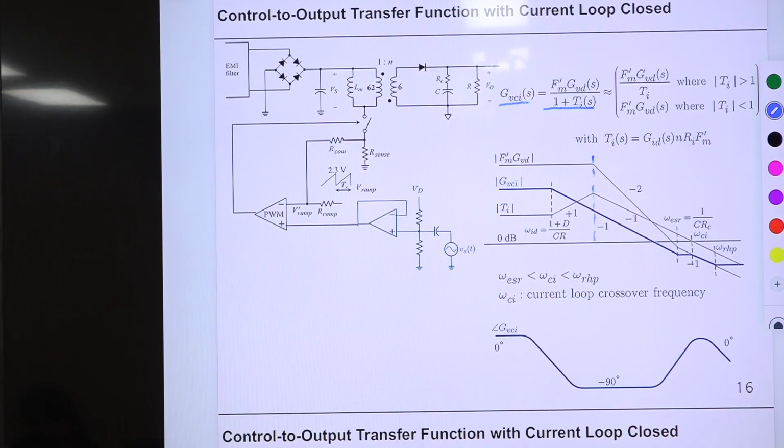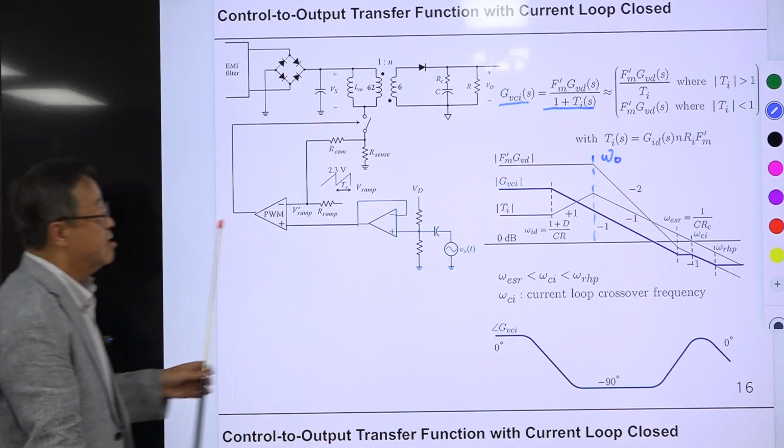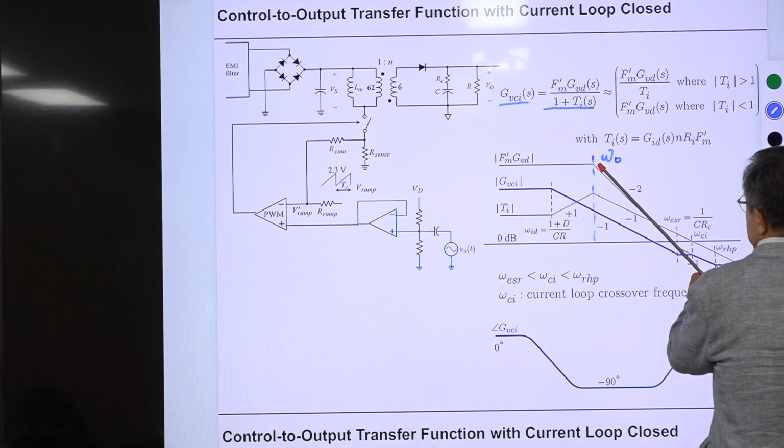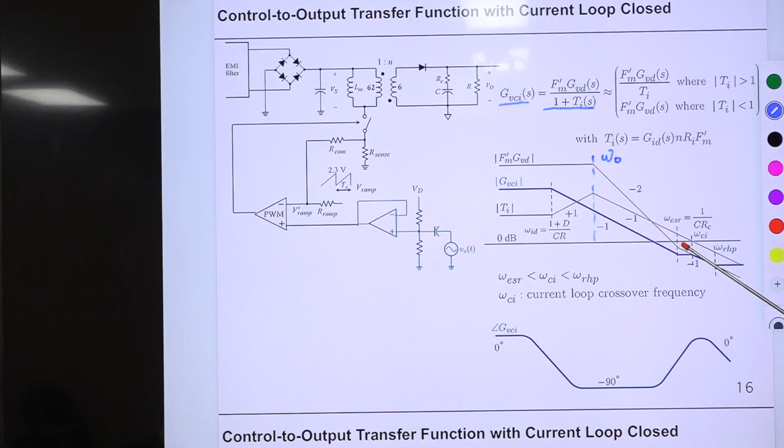This is omega naught. Okay, and after that it declines with -2 slope, -40 dB per decade, and it hits this omega ESR zero here. Okay, ESR zero here, and it goes -1 slope, and finally there is omega RHP.